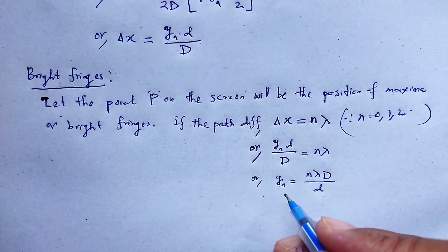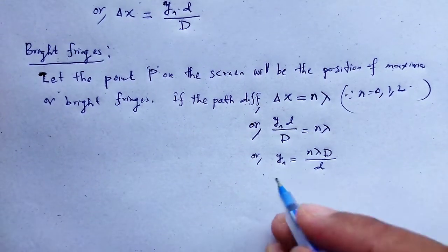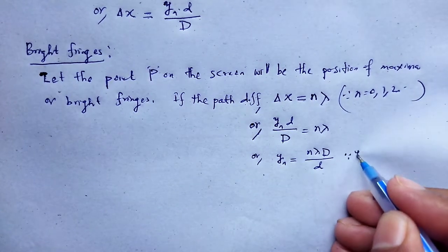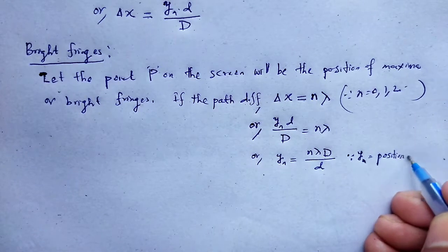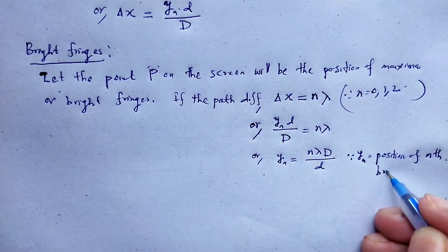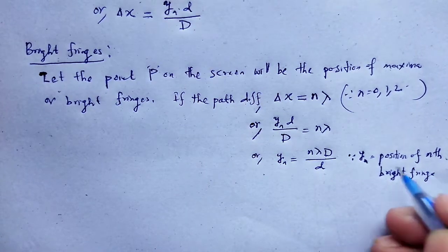Here yn is the position of the nth bright fringe. That is the condition for a bright fringe.